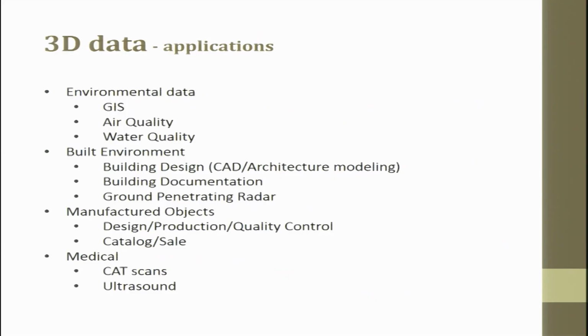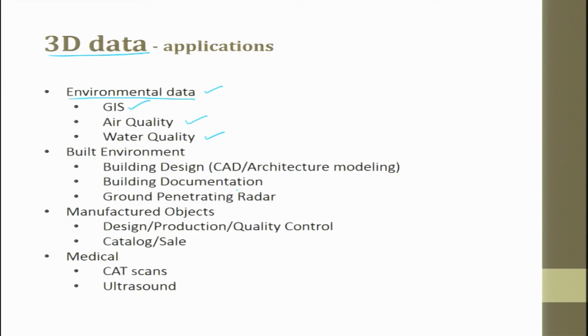3D data is used wherever environmental data is needed. GIS is used for air quality and water quality data, and in all these places 3D data plays a very important role. In the building environment, we have building design, CAD and architecture modeling, and we use 3D data.